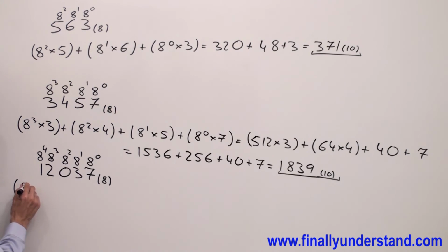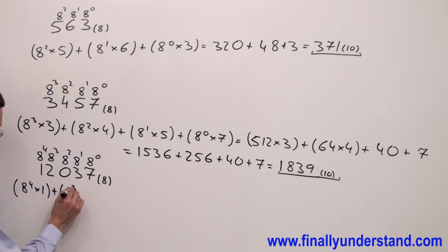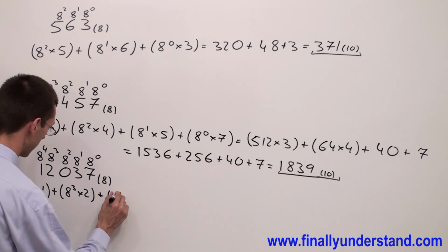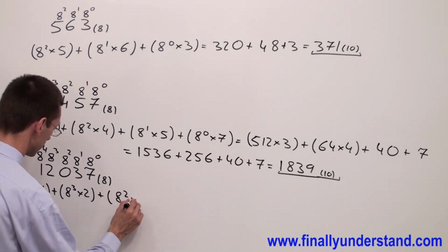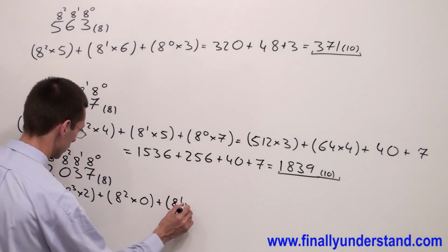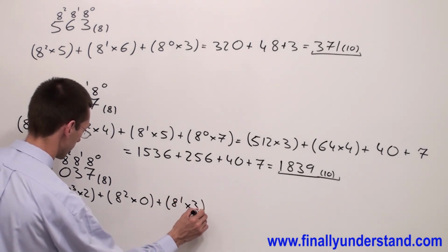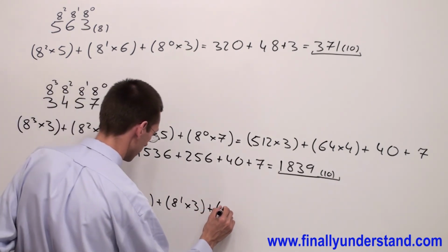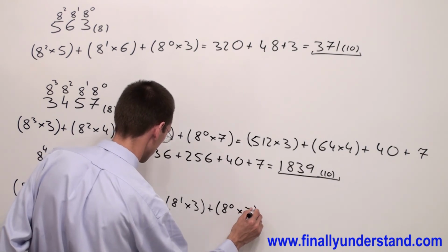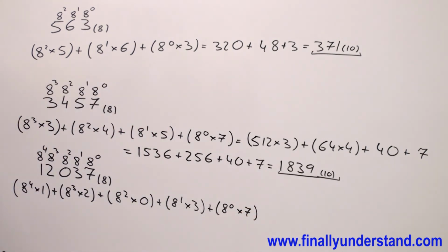So I have 8 to the 4 times 1 plus 8 to the third times 2 plus 8 to the second times 0 plus 8 to the first times 3 plus 8 to 0 times 7.